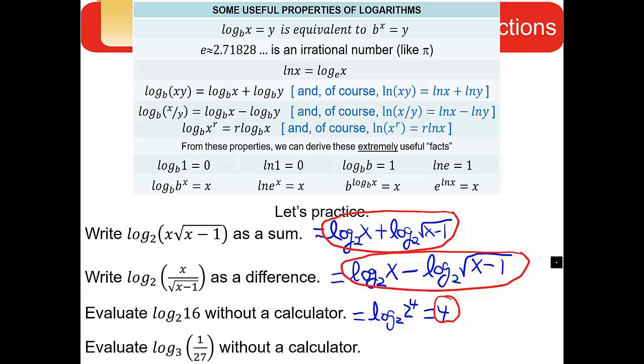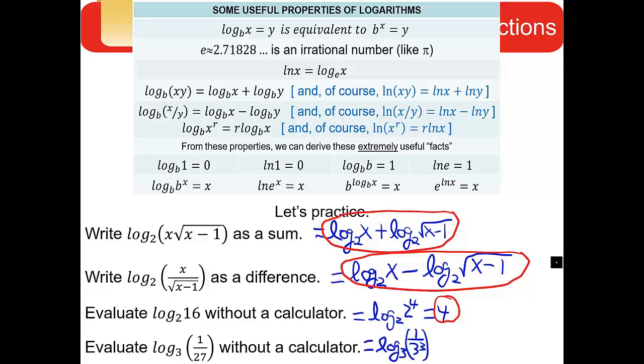How about this? Evaluate log of 1 over 27 base 3 without a calculator. Well, that's the log of a fraction. So you're probably going to suspect that I could write it as a difference, and you could. There's actually a simpler way. 27 and 3 are not the same, but 27 is 3 cubed.